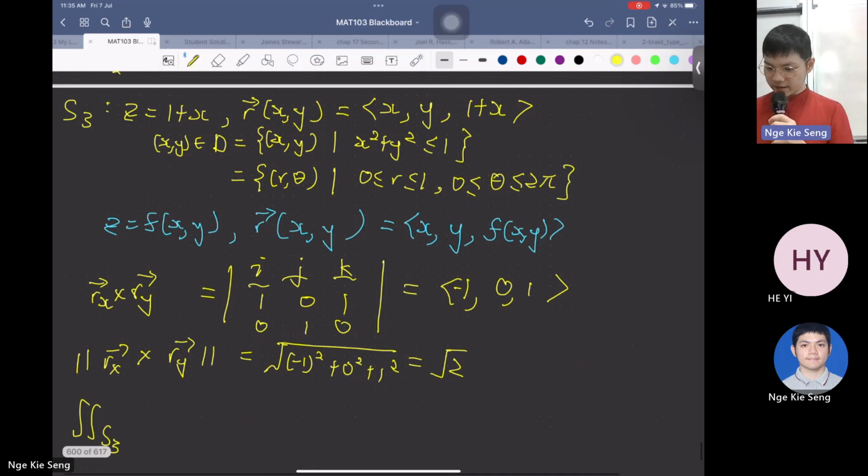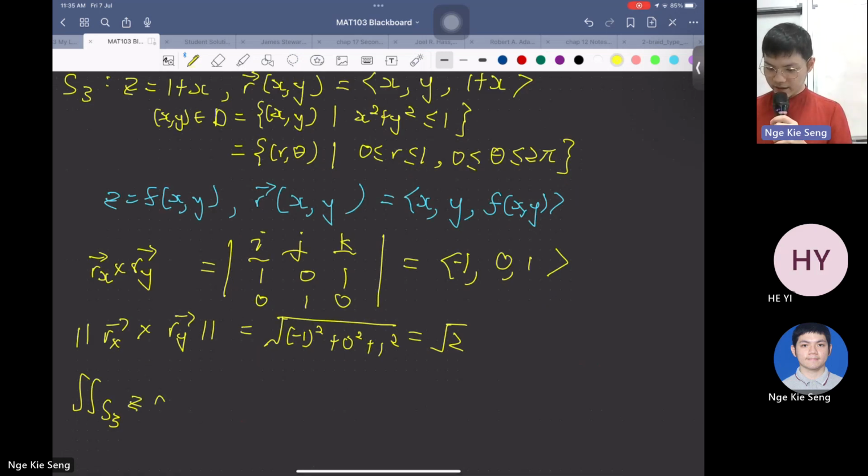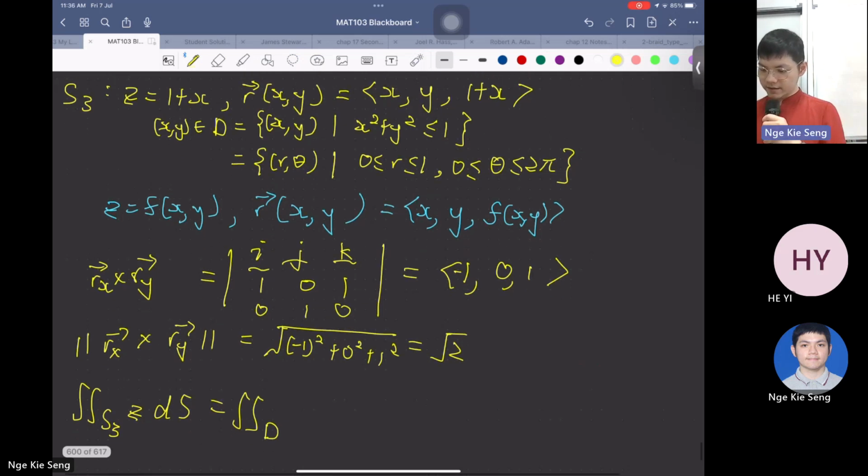So next, the surface integral. How to compute this? We need to do a surface integral on z. Z in our case is 1 plus x. And then our Jacobian is square root of 2 dA.